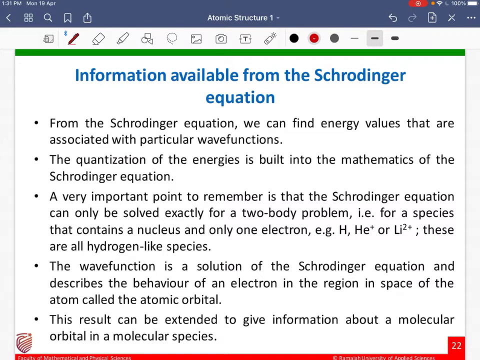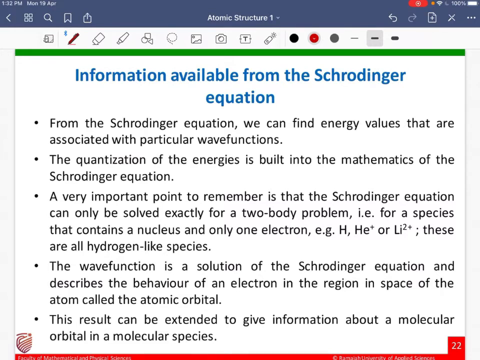From the Schrodinger equation, we can find energy values that are associated with particular wave functions. The quantization of the energies is built into the mathematics of the Schrodinger equation. A very important point to remember is that the Schrodinger equation can only be solved exactly for a two-body problem, that is, for a species that contains a nucleus and one electron.